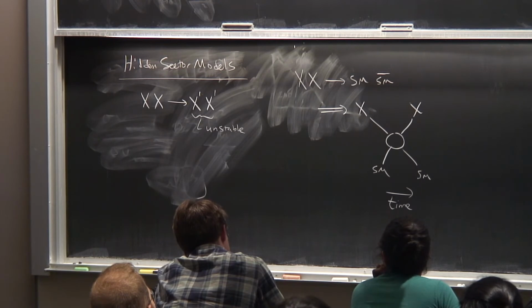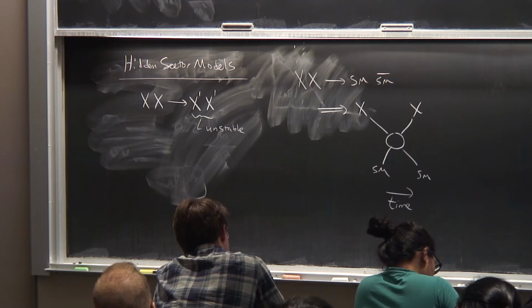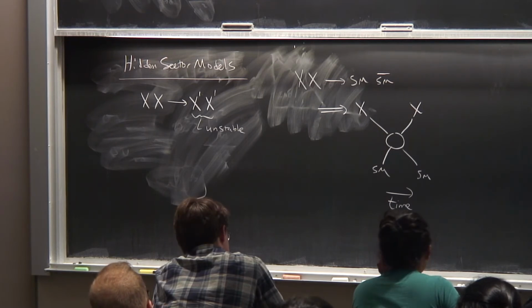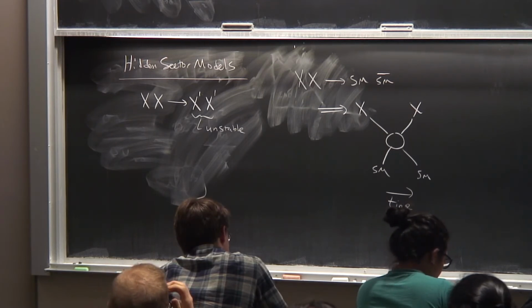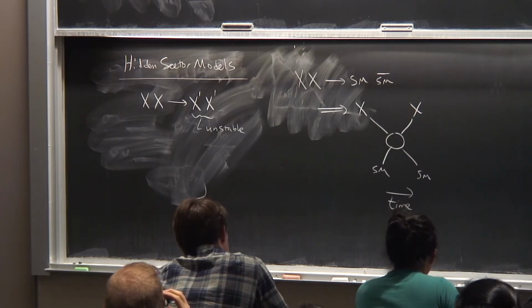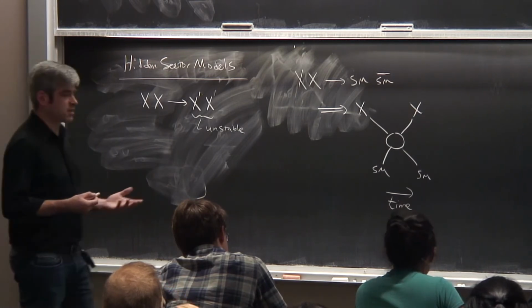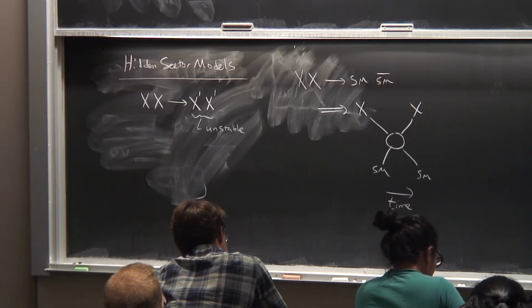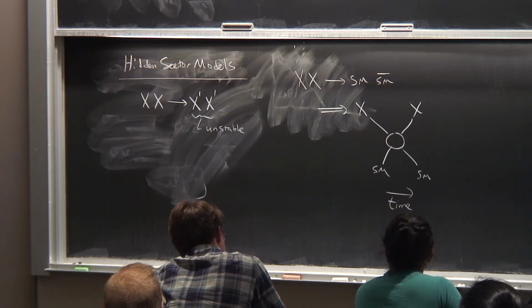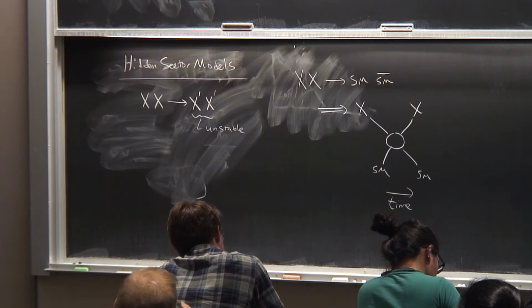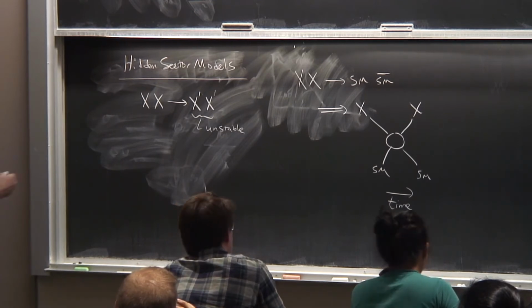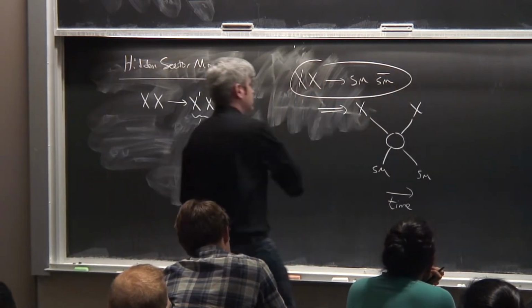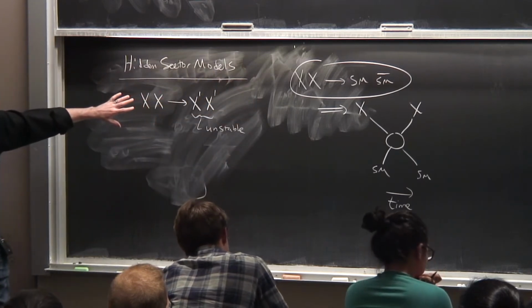If you annihilate to standard model particles, then unless you're annihilating entirely to neutrinos or something like this, you invariably wind up with an elastic scattering cross-section, and those experiments have become so sensitive that you have to work kind of hard to explain why you haven't seen it. Now, there are plenty of exceptions, and if I was giving a talk on that, I would give you a bunch of those exceptions, just like I gave a bunch of exceptions about the annihilation cross-section in direct detection experiments. But this has motivated people to consider cases where this is not the sort of process that drives freeze out. Instead, something like this is.